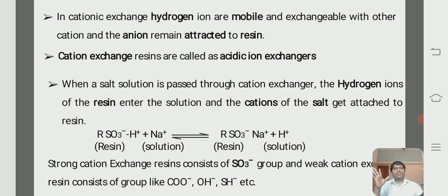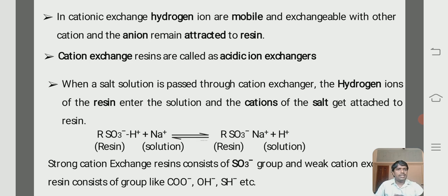When a salt solution is passed through the cation exchanger, which is taken in a column, the hydrogen ions of the resin enter the solution and cations of the salt get attached to the resin.